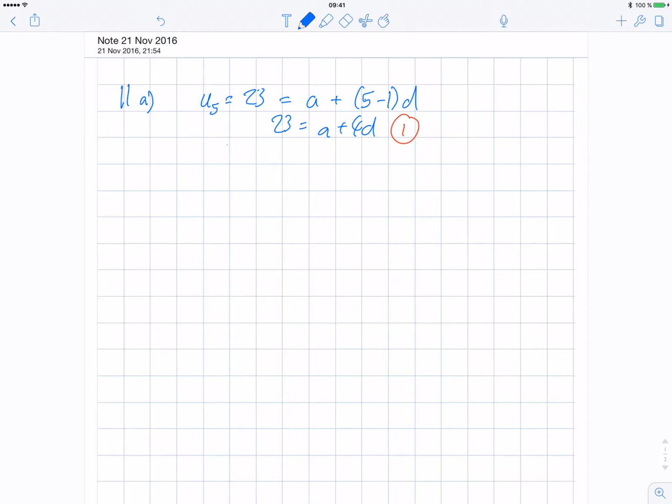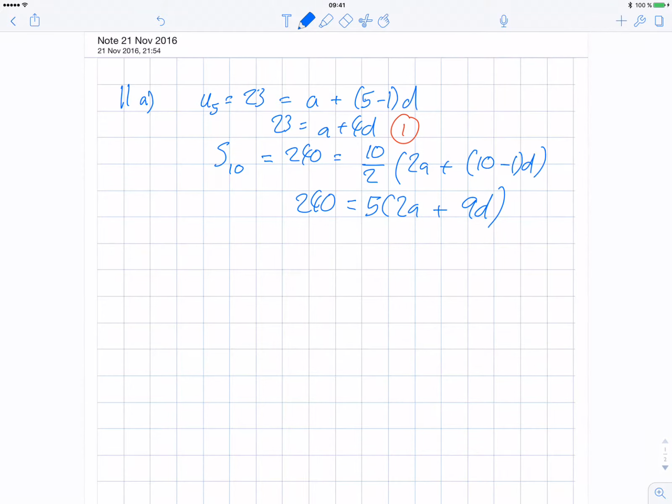So the second one is the sum of the first 10 terms is equal to 240, which is equal to 10 over 2, open brackets, 2 lots of a plus n minus 1, n is 10, minus 1 d. So that's 240 is equal to 10 divided by 2, which is 5, times 2a plus 9d.